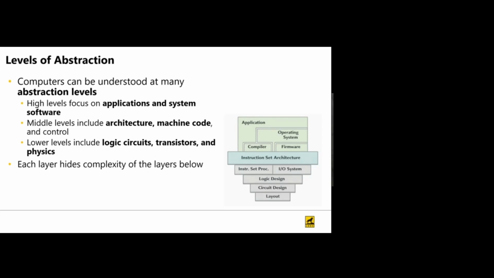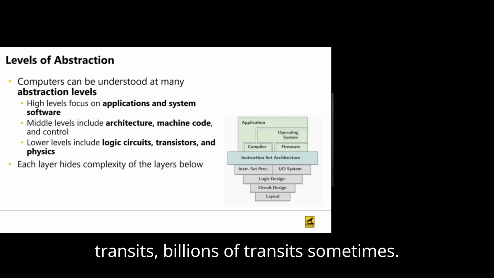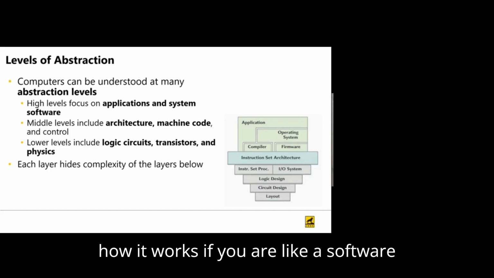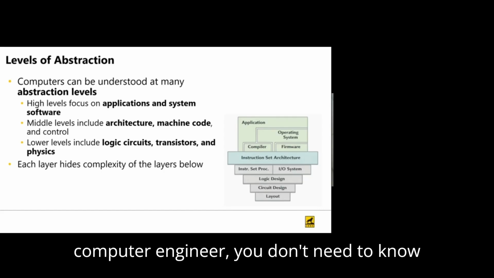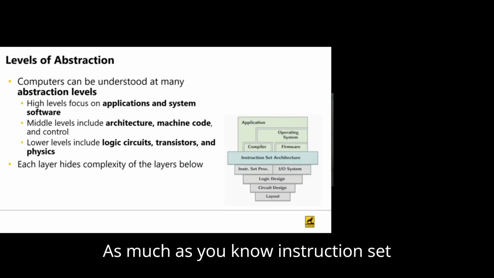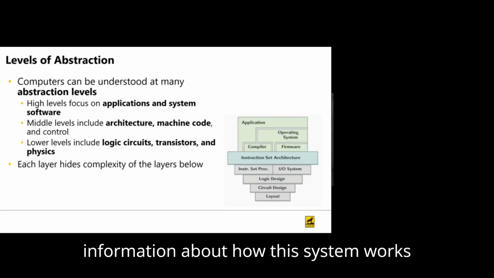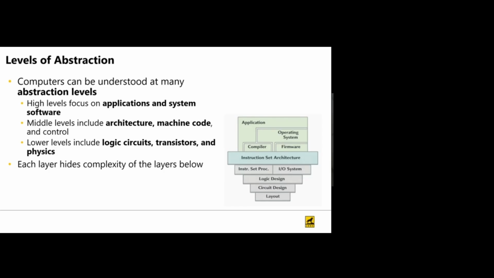Like in that circuit design, you have millions of transistors, sometimes billions of transistors. And you don't understand how it works if you are a software engineer, or even, for example, as a computer engineer, you don't need to know that stuff to write better code. As much as you know instruction set architecture and enough information about how this system works is enough. You don't need to know very detailed low-level parts.